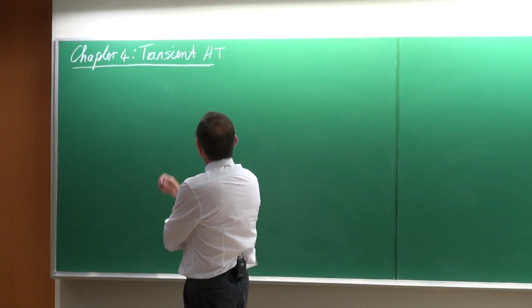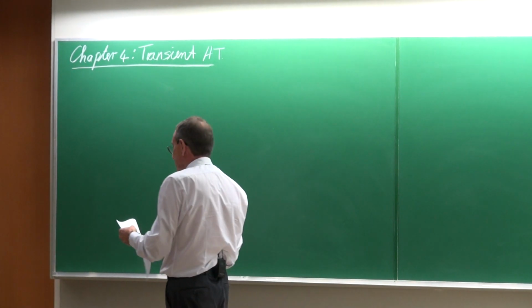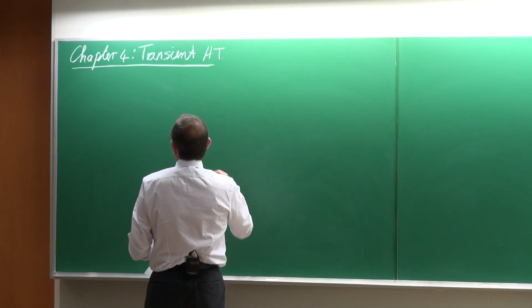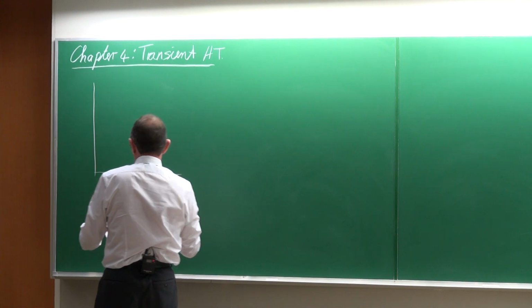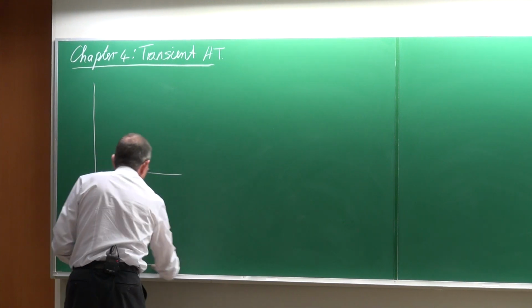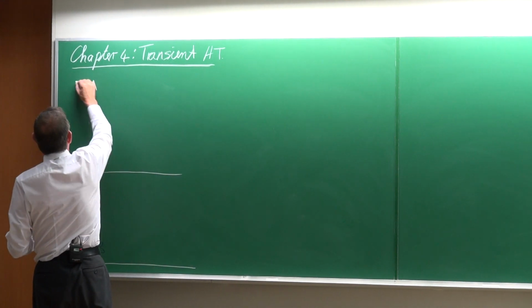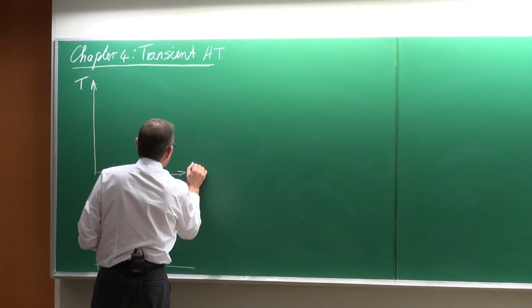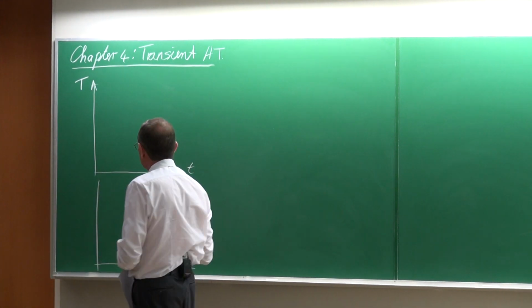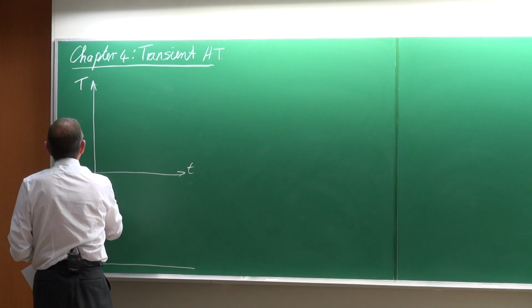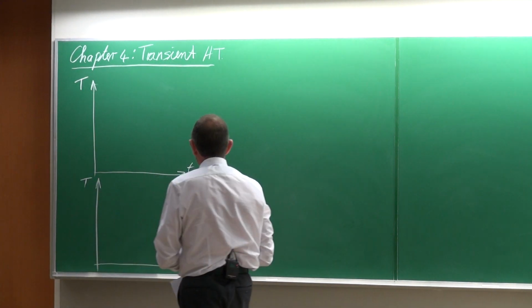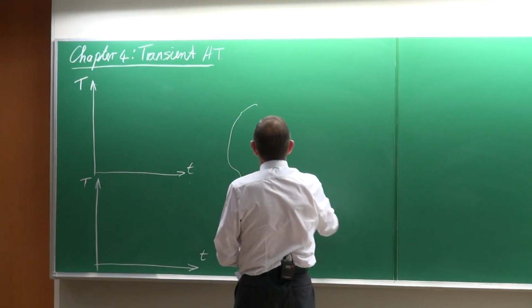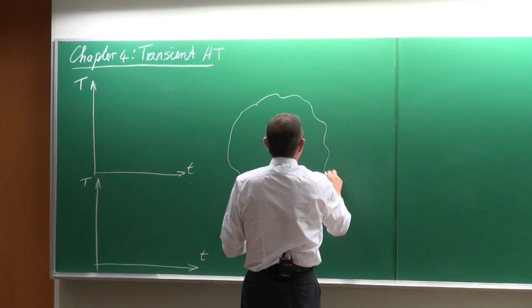And let's see what is meant with transient heat transfer. If we look at a graph, or 2 graphs, of temperature, capital T, as a function of time. Small t is time in this module. Temperature as a function of time, and we look at any possible arbitrary body.